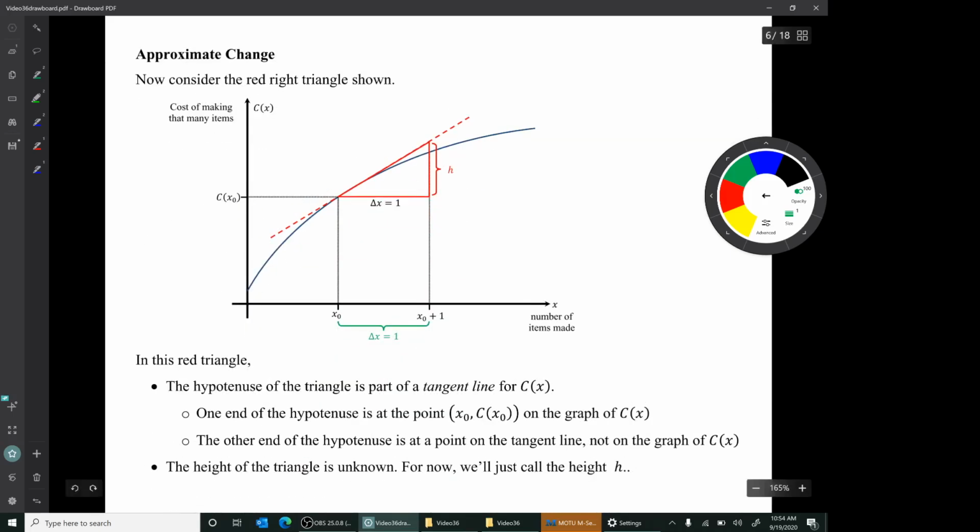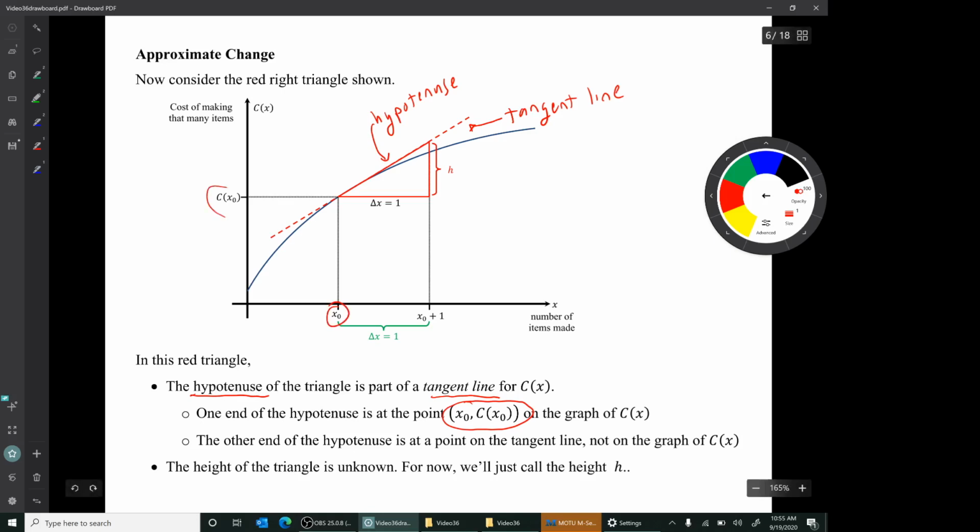Now consider this red triangle. Same graph, but in this red triangle, the hypotenuse of the triangle is part of a red tangent line. One end of the hypotenuse is at the point whose coordinates are x subscript 0, comma, C(x subscript 0).